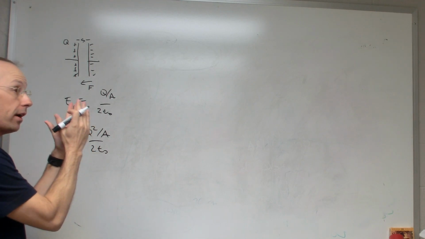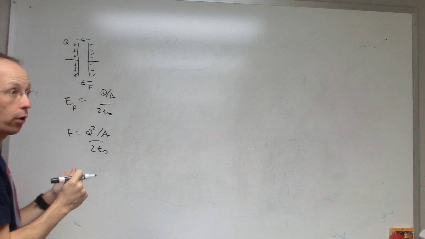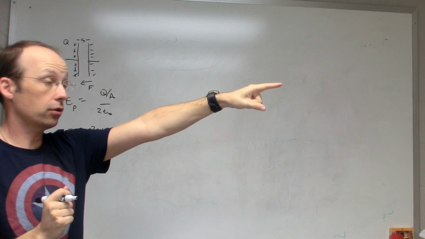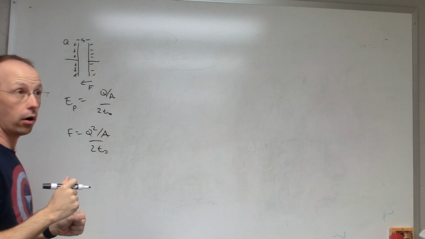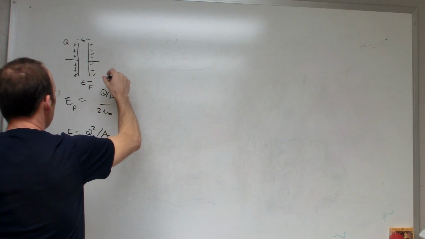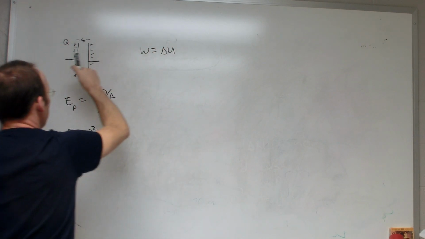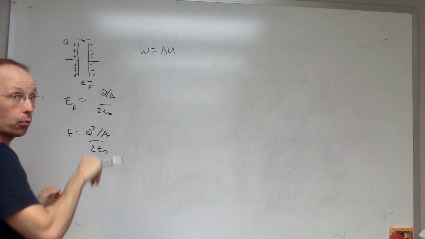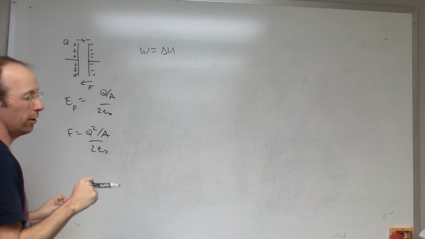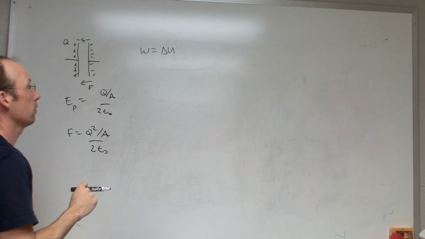Okay, now what if I take those plates and pull them apart a little bit? Well, if there's a force on it, then I'm going to have to push on it that way to get it to go apart, and so I'm going to have to do work. The work is going to be the change in potential energy in that case. I'm going to give it a higher energy by doing work.